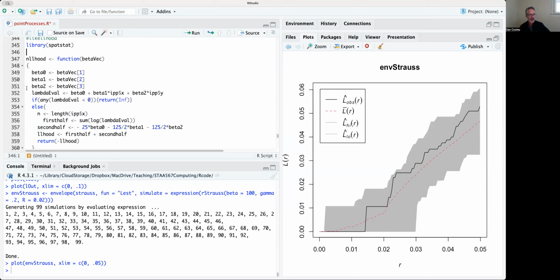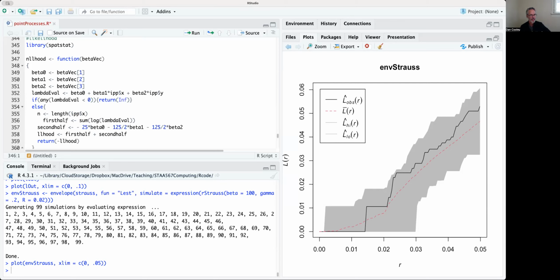The lambda evaluation is going to be in that sum of the log of lambdas. I just need to evaluate my inhomogeneous Poisson process, which is going to have a list of points with X locations and Y locations. So this is going to return lambda. I say that if any lambda is less than 0, return infinity. This is just enforcing that positivity constraint.